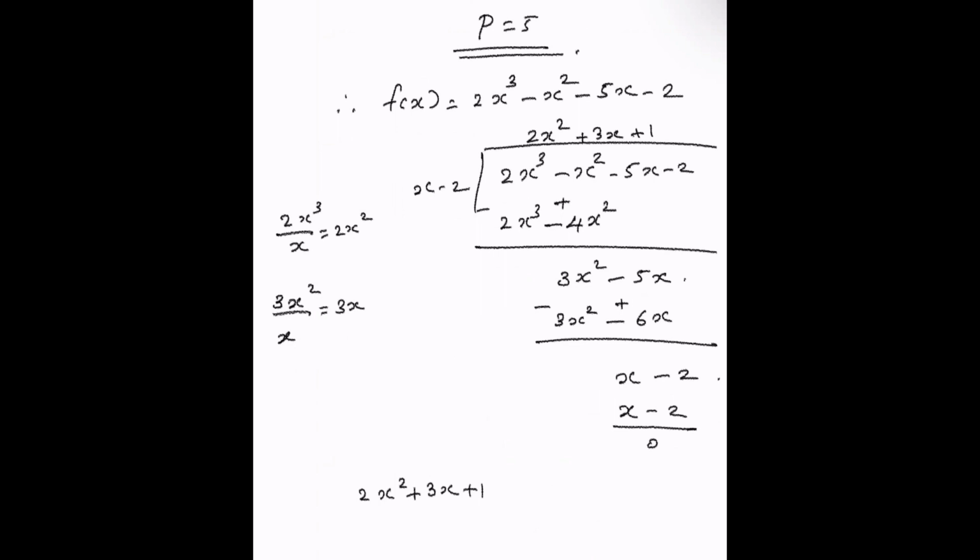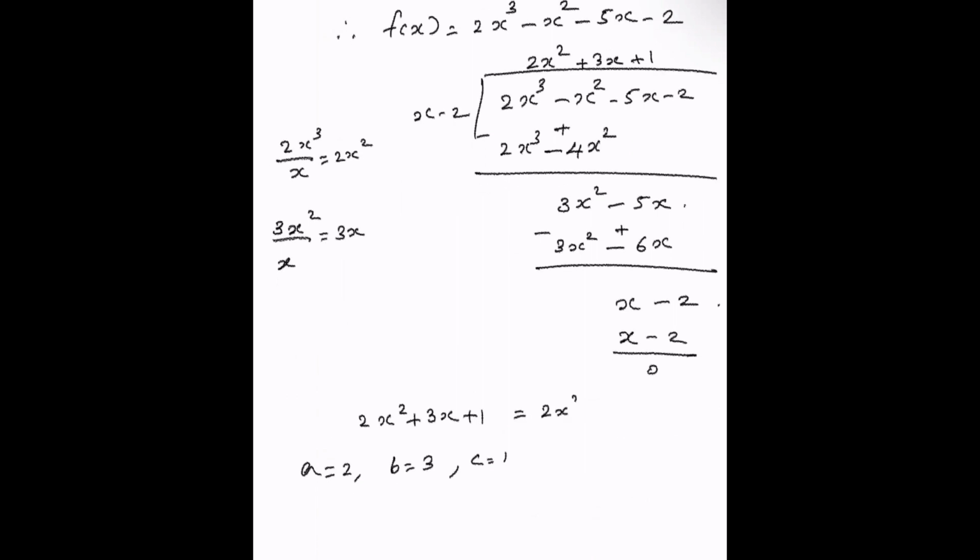Think of splitting the middle term. We know it is again a is 2, b is 3, and c is 1. We did a similar one previously. So it is 2x square plus 2x plus x plus 1. Okay. So if I write it like this, what do I get? Take 2x out.